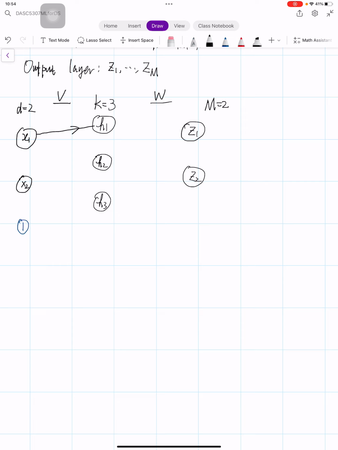This weight goes from the first feature to the first hidden node, V11. This is V12.